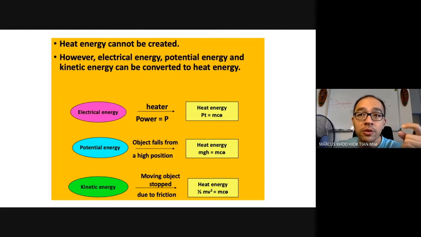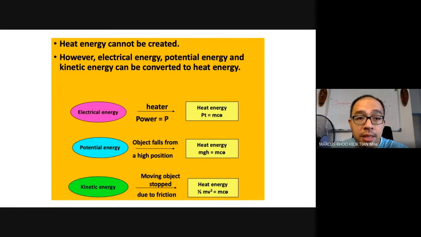For example, when you light a candle or a match, what is causing the heat energy is the chemical from the matchbox and the matchstick. So we're changing chemical energy to become heat energy. You don't actually create fire, but you use other forms of energy to convert to heat energy.